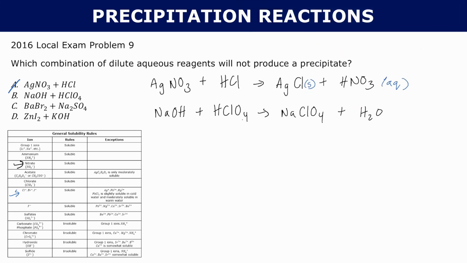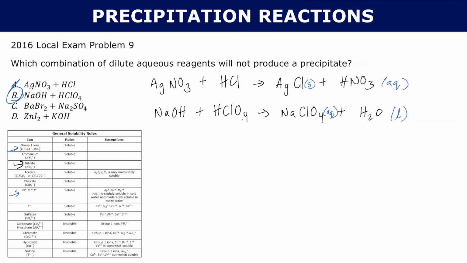Obviously, you have H2O, which definitely is not a solid; it's just a liquid. And then you have to look at the NaClO4. If you look at the solubility rules for sodium, sodium is always soluble, and there are no exceptions. So that means this one is going to be aqueous. Since we're not producing a precipitate here, we know that our answer is B. But just to be safe, let's go through the other answer choices too.